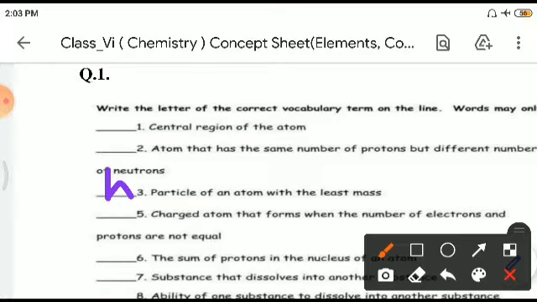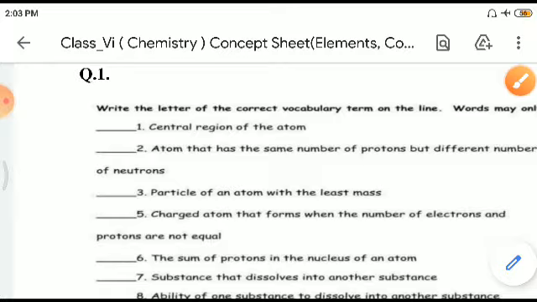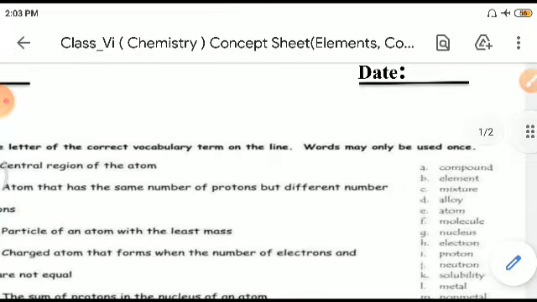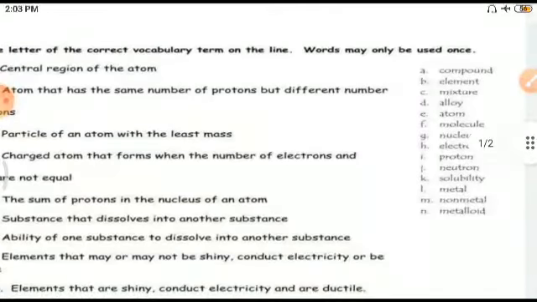Charged atom that forms when the number of electrons and protons are not equal. Okay. What is that charged element called?